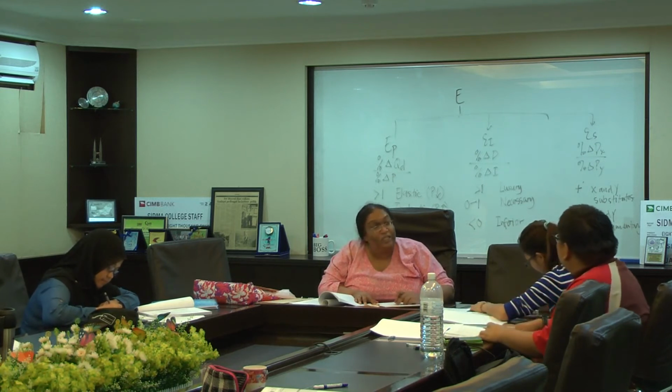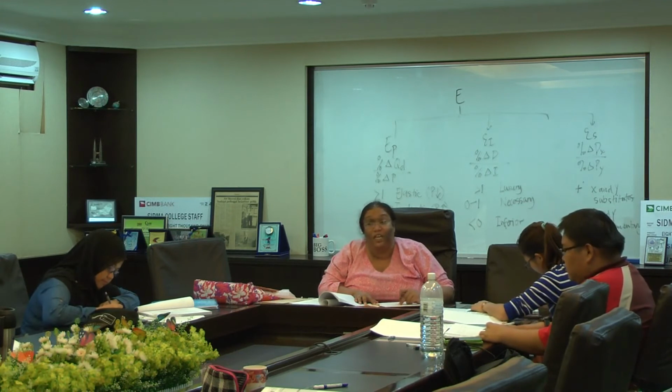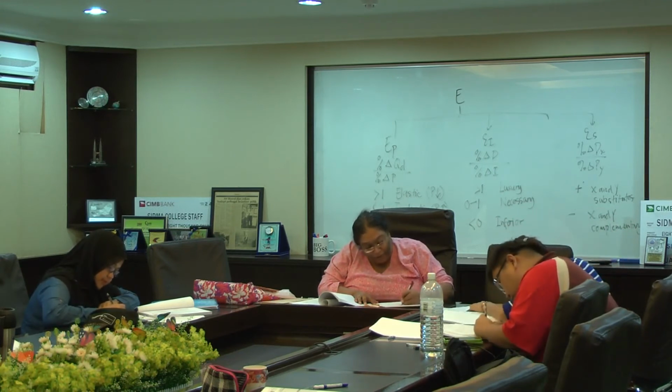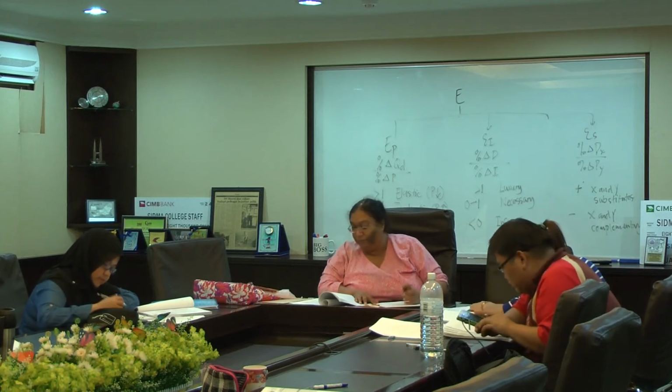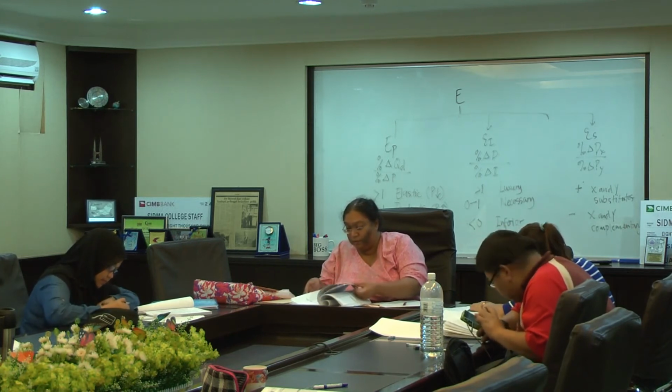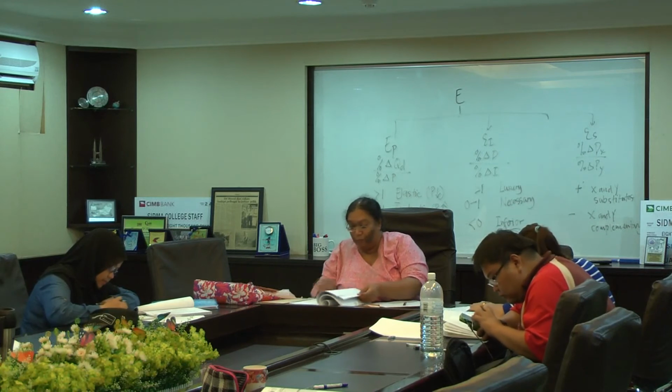The percentage change in demand divided by the percentage change in income. What is the percentage change in demand? Negative 40%. What is the percentage change in income? 22.22%. Answer is negative 1.8.